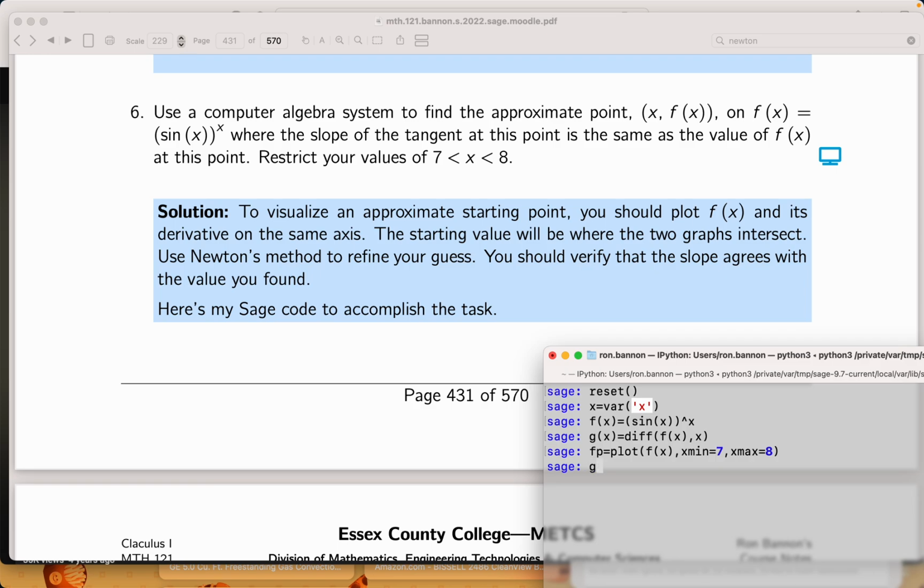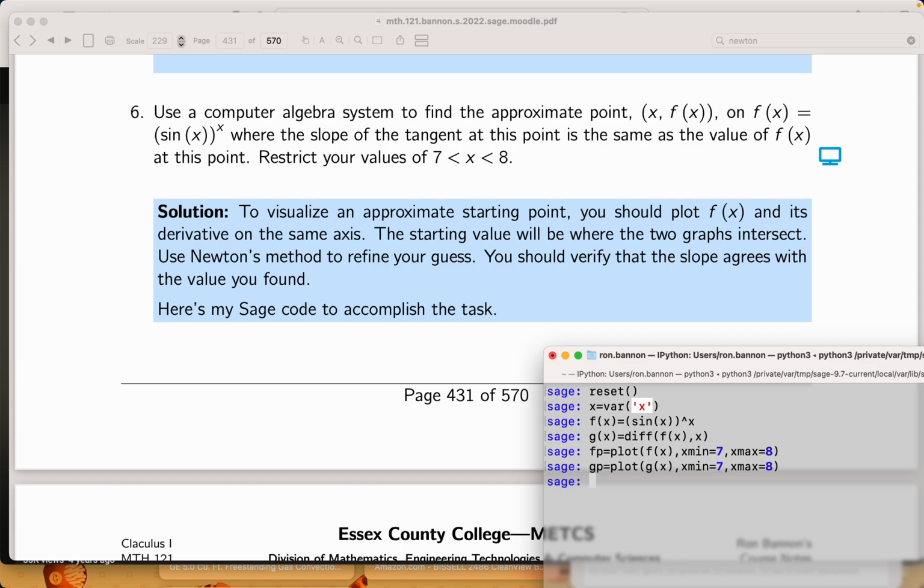I'm going to do gp, which is going to be a plot of g of x, x min 7 and x max 8. These are primitives, by the way, we'll show them later.